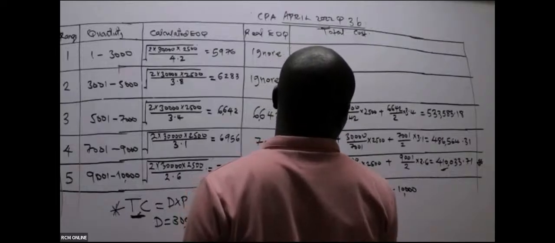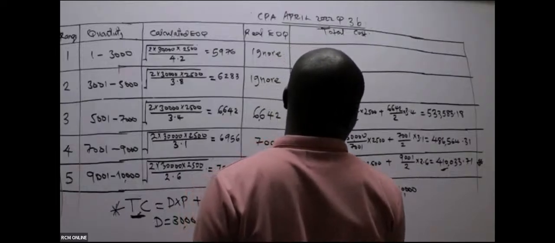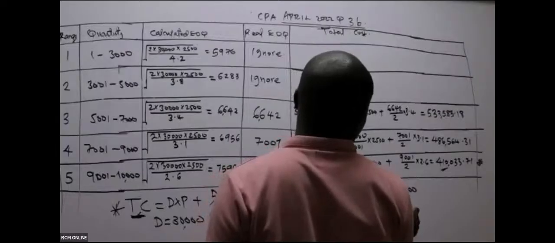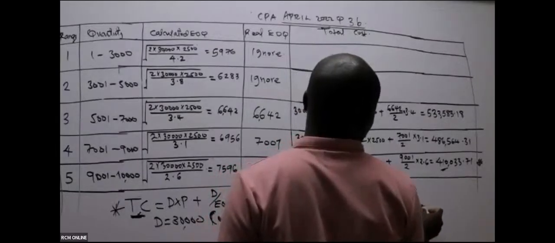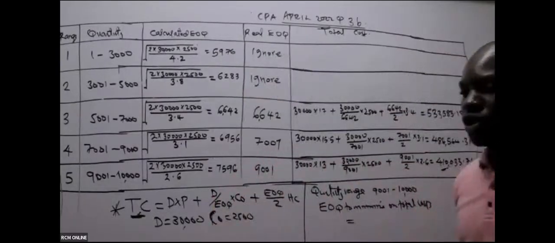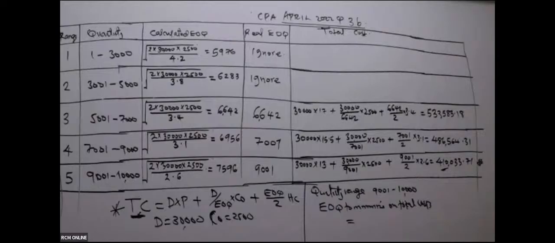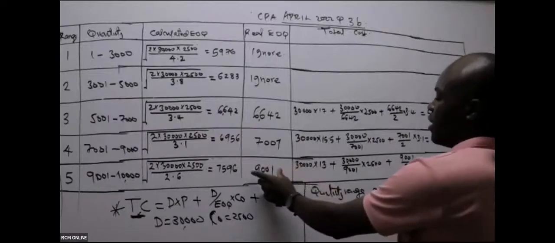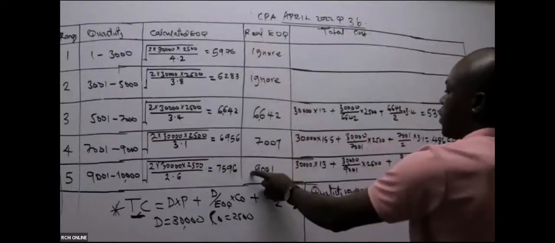Economic order quantity to minimize on total cost. A specific economic order quantity to minimize on total cost. Now come and pick what you used as the real economic order.